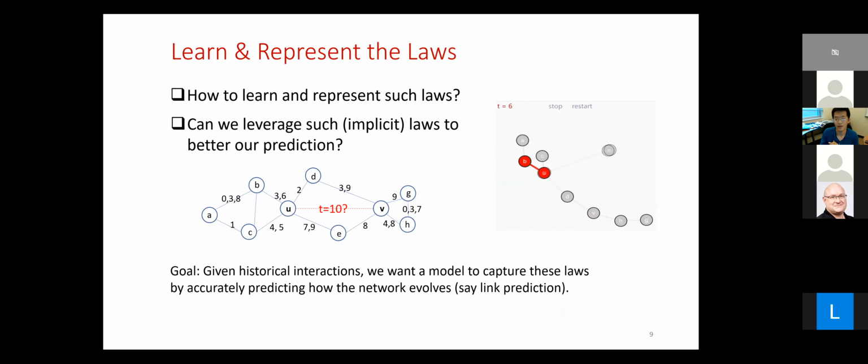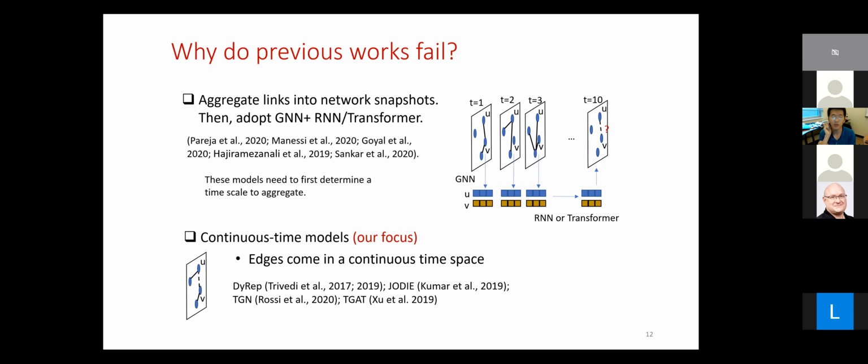So for the next several slides, let me review what types of temporal network representation learning models we have right now, and why this task is challenging for them. There are a lot of temporal network works on something called network snapshots.